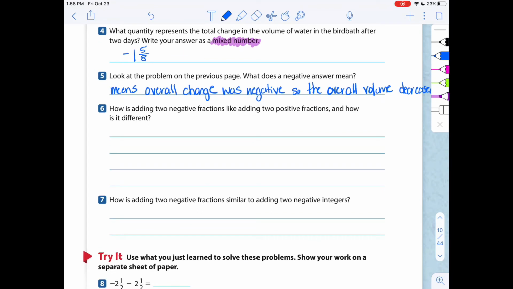How is adding two negative fractions like adding positive fractions, and how is it different? Go ahead and pause the video and write your thoughts down on this question.